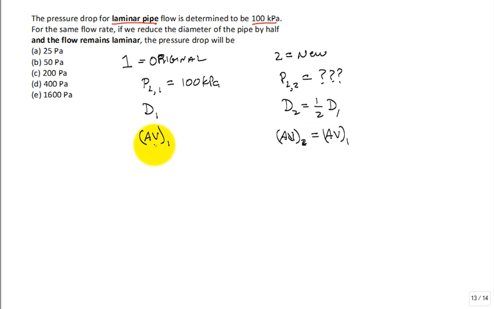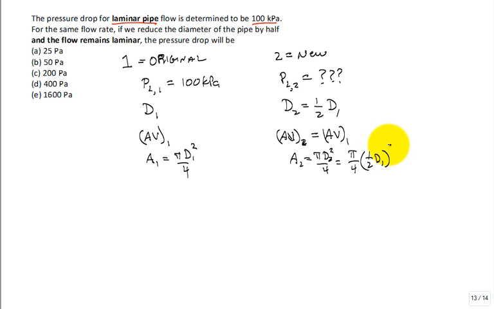Now, if you have the same volumetric flow rate, talk a little bit about the area 1 and the area 2. Well, the area 1 is pi d1 squared over 4. True? Isn't this going to be pi d2 squared over 4? But I could substitute for that d2 is 1/2 d1.